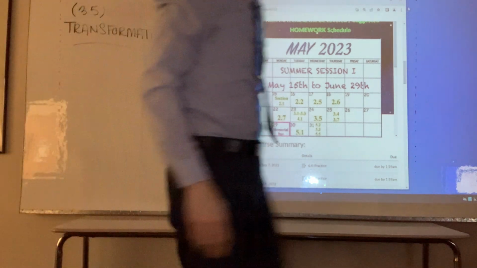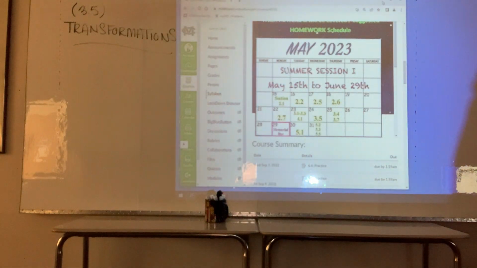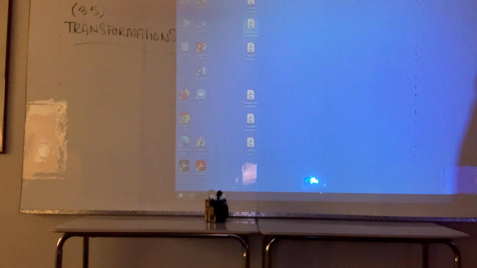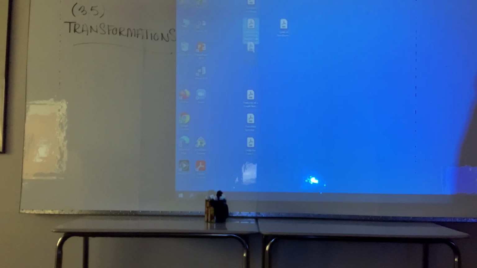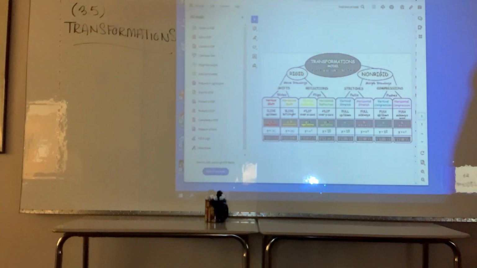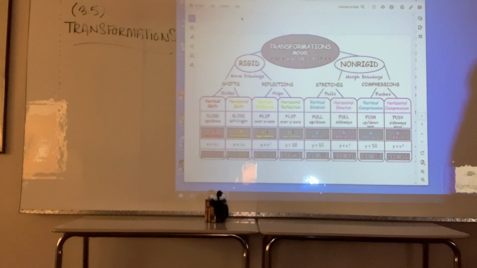All right. Let's start with this diagram, types of transformations. It's a little far away. Let me fix this. We'll discuss this. In fact, I'm going to have to move this over slightly.